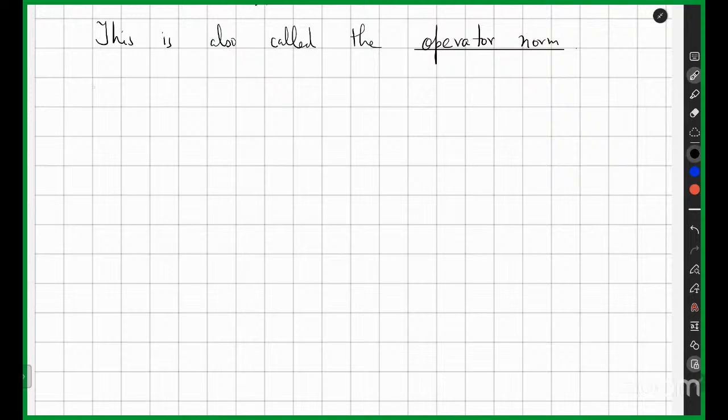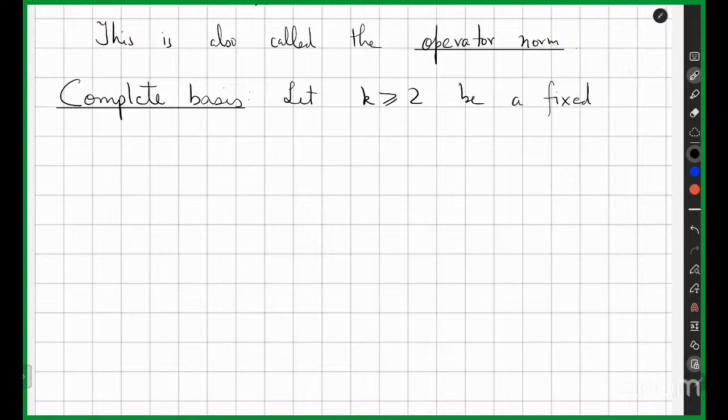So now we can write on this thing. Complete. Okay, so the definition is: let K be an integer, and then a set S of K qubit unitaries.